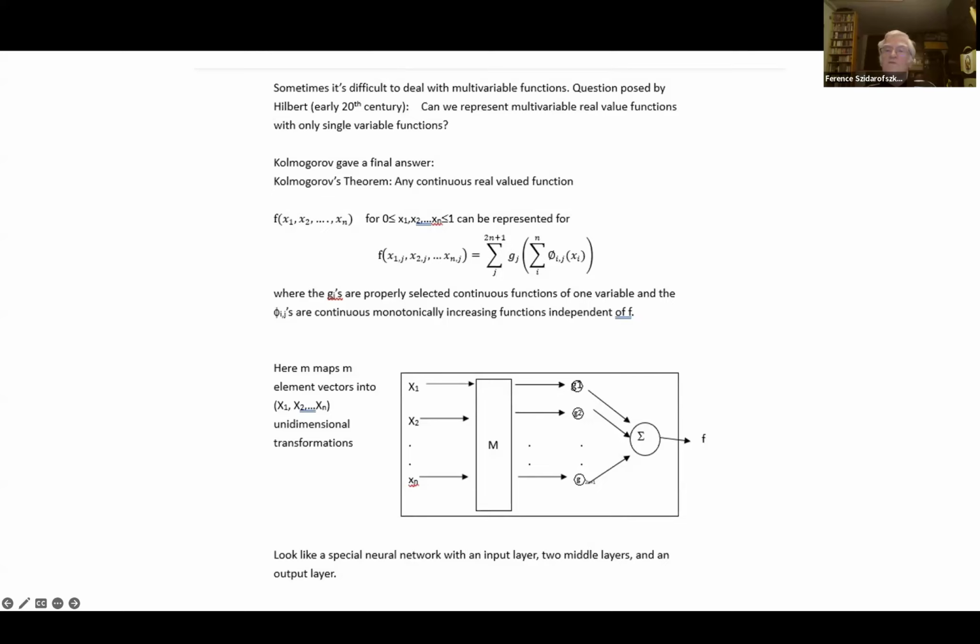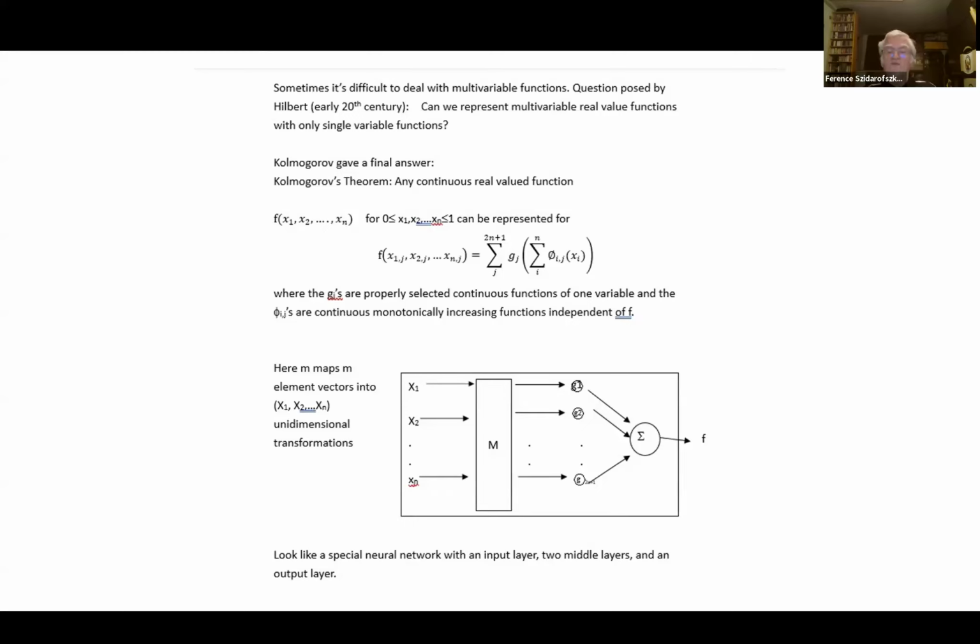So in plain English, if you introduce sufficiently many functions, and these many functions are combined into these phi's and g's, you can represent a multivariable function almost accurately, which comes out of Kolmogorov's result.